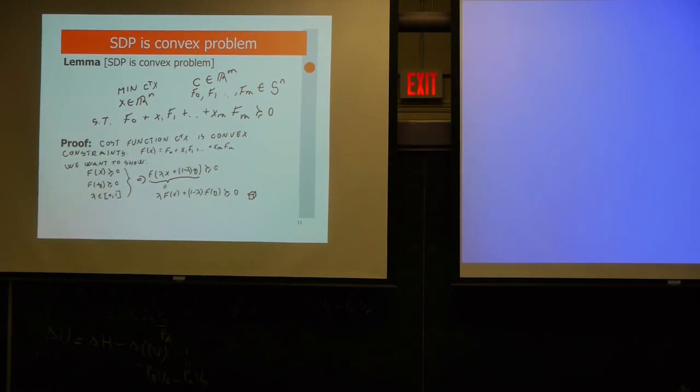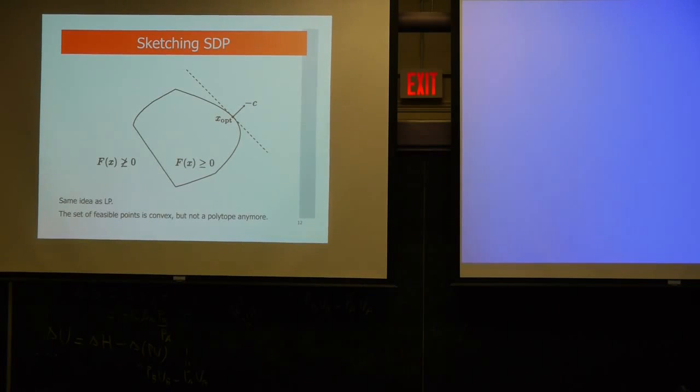We proved that SDP is a convex problem. Then we did this sketching that you can see that the SDP is like a generalization of linear programming, where in linear programming we had this polytope, we had a linear function, and we wanted to move this straight line parallel to the vector C, right, such that this line had extreme value.